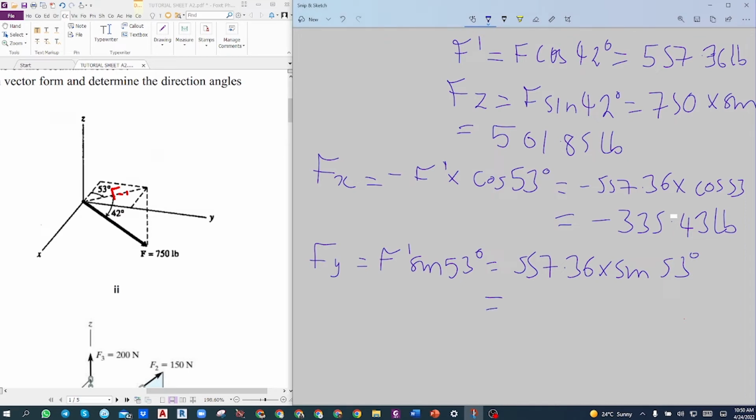This will be equal to 445.13 pounds. That being done, as the answers for part A, we have one answer for Fz, and for Fx the answer is this one, and for Fy the answer is this one.